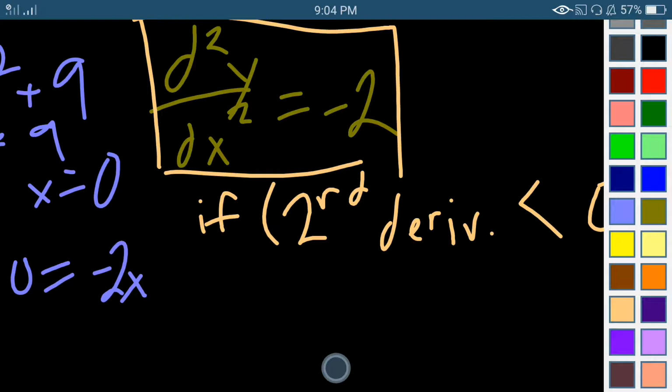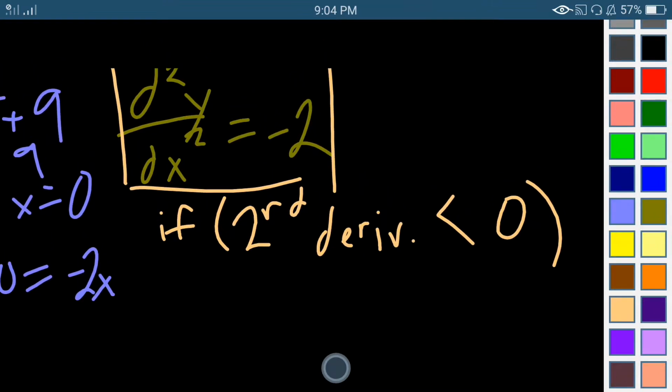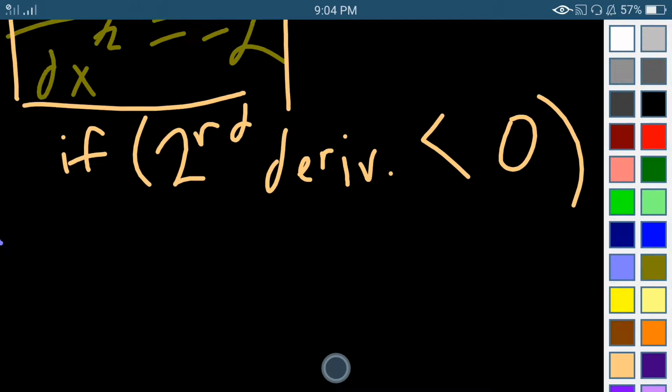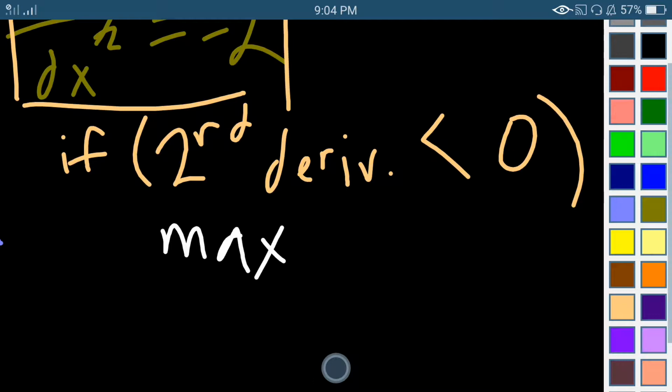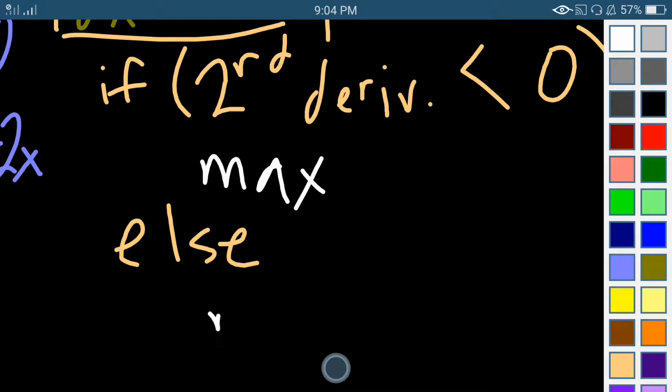So if the second derivative of a single variable function is less than 0, and assuming we are given all of this information, then the function has a maximum point. So the thing that we're trying to determine, whether it's a minimum or a maximum, it's a maximum. Otherwise, it's a minimum. Pretty simple, right?